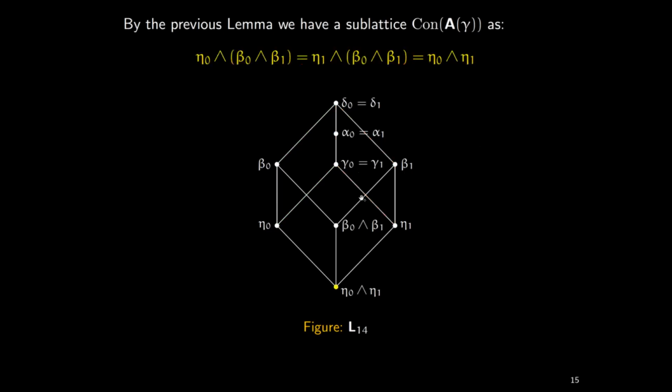Then, of course, you have to prove that the other joins and meets are correct. First of all, you can prove, for example, that if you do the meet between beta_0, beta_1 and the etas, you obtain the bottom. That is the meet of the two kernels. You can still get this by the lemma that I showed you before. About the join, for example, you could check that the join of eta_0 and beta_0 meet beta_1 is, respectively, if you do the join with beta_0, you obtain beta_0, and if you do the join with beta_1, you obtain beta_1.